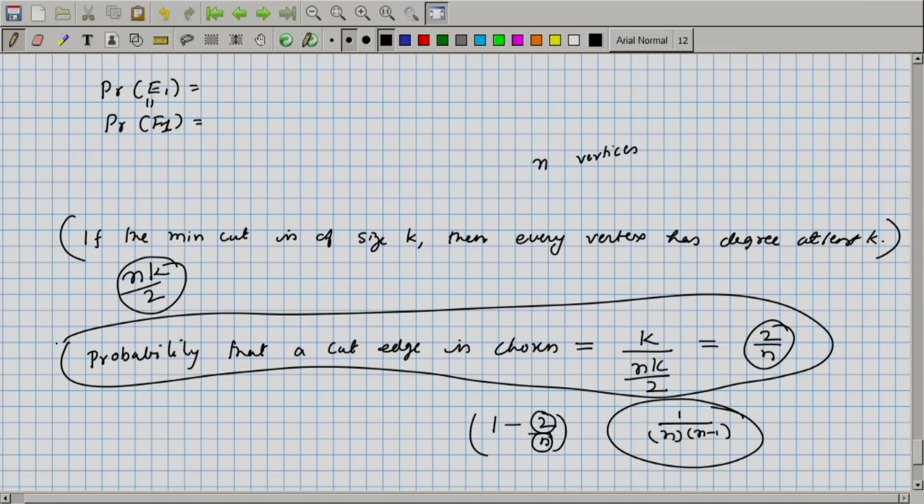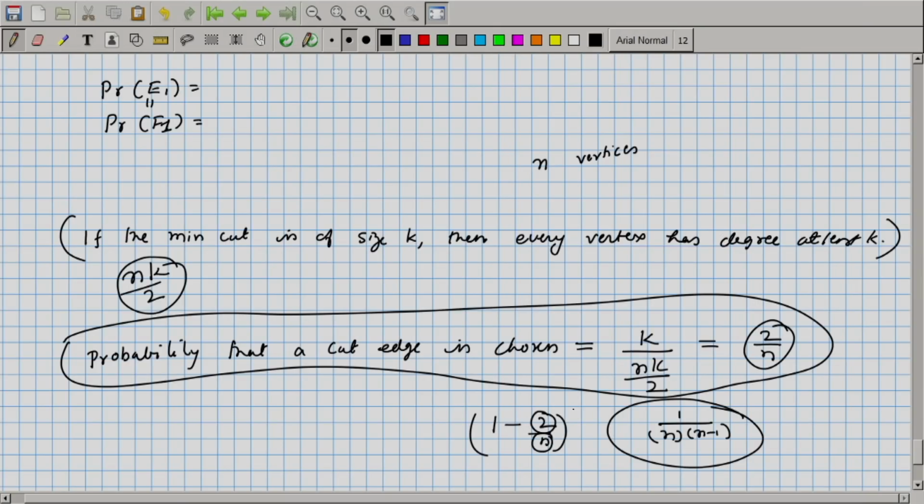At each intermediary step, if so far no cut edge was involved in any contraction, then every remaining supernode will have degree at least equal to the cut size, and that helps us compute the probability that a cut edge is chosen when you choose randomly from the collection of all remaining edges.